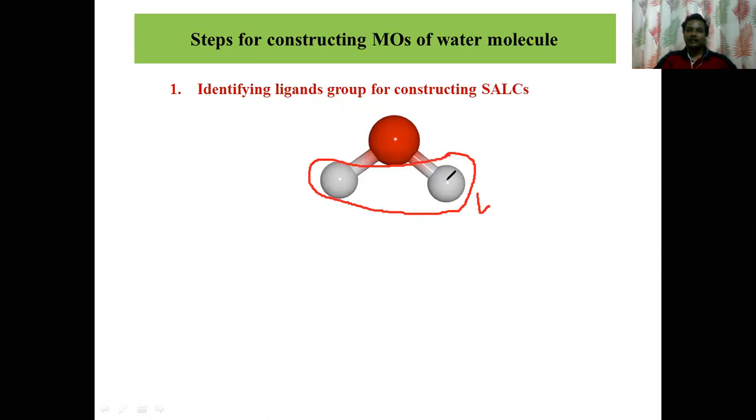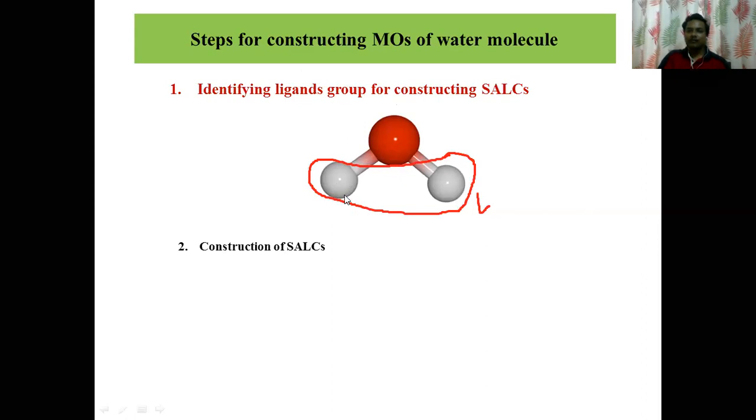So initially we'll combine the atomic orbitals of these two hydrogen atoms, and then we'll combine this with the atomic orbitals of oxygen, which is the central atom, right? Okay. So next step, you go stepwise, is construction of SALC.